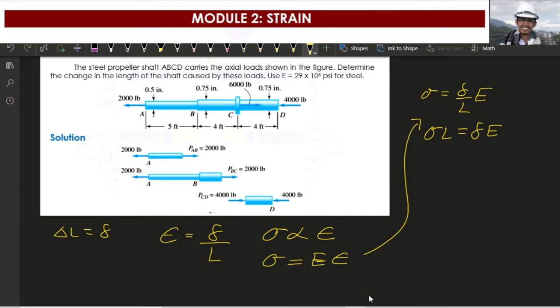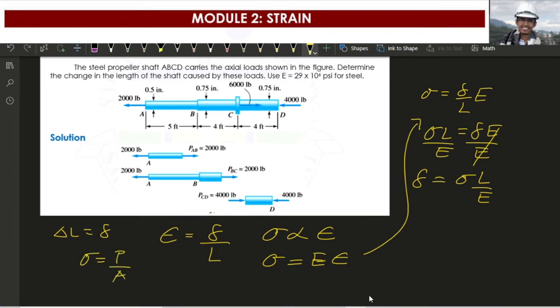Right? So let us isolate the elongation, because that is what we are looking for. We divide both sides by E. The E cancels, and what remains is the elongation, equal to the stress times L over E. And we said the stress is equal to force over area.